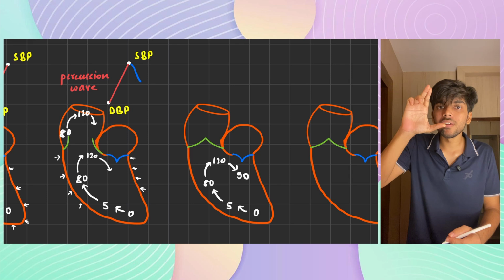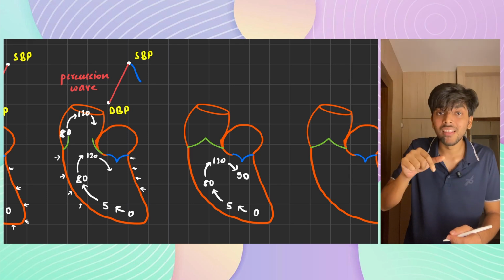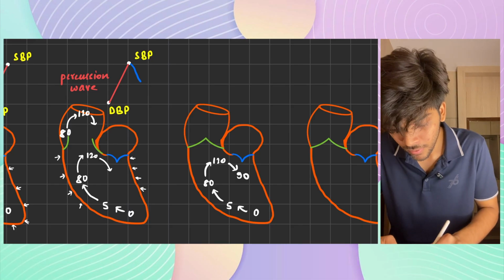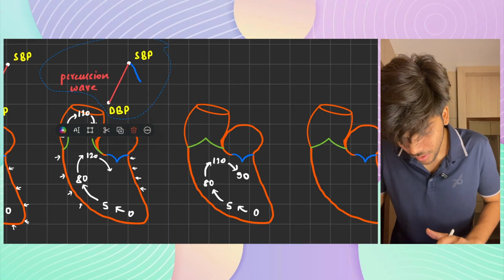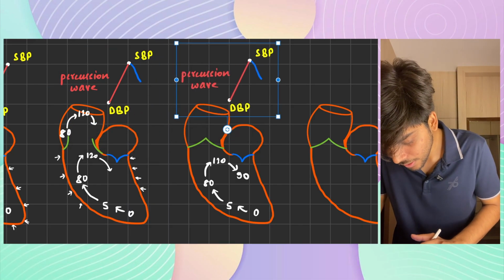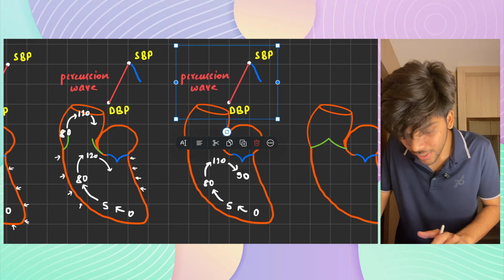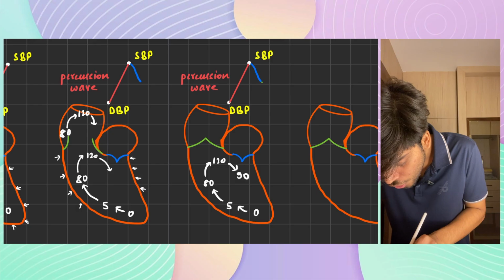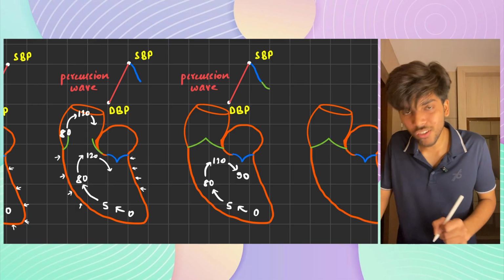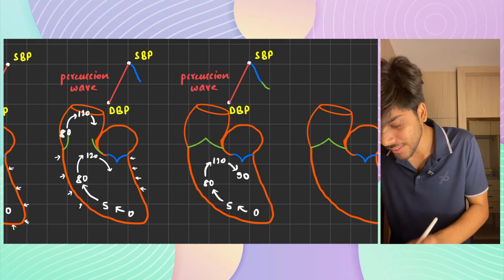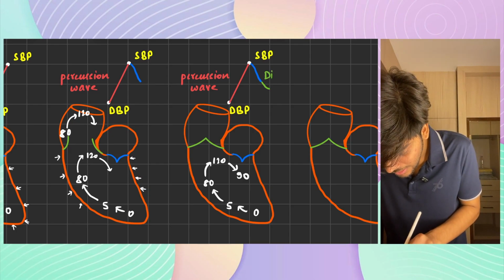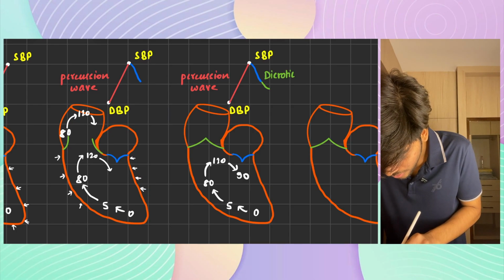As the column of blood inside the aorta falls back, there is a transient drop in pressure inside the aorta. And this transient drop in pressure inside the aorta is represented with the help of a notch. This notch is referred to as the dicrotic notch.